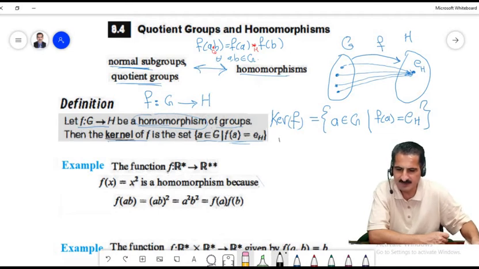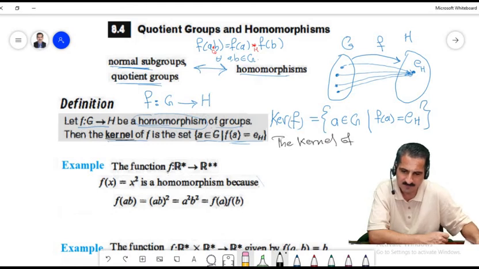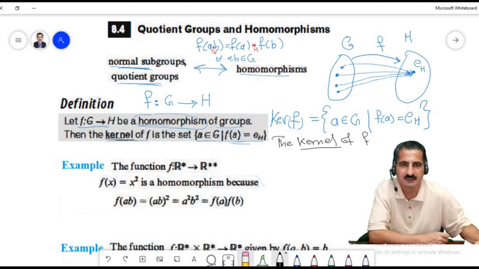This is the kernel of the function f. It is a very important definition. It is a very simple set, but a very important definition. Actually, we have seen a motivation for defining a subgroup to be normal.